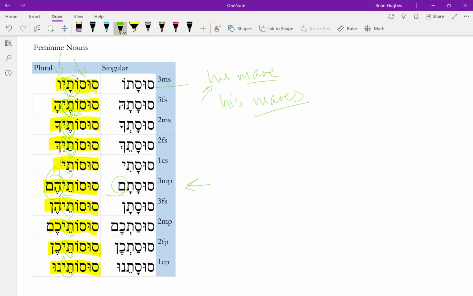So again, looking at these suffixes, we have a holum that's added here. We have a hey comets. We've got a kaf comets. We've got this patak yod. We've got the hey segol mem, hey segol nun, kaf segol mem, kaf segol nun, and then the nun shurek. So very similar.